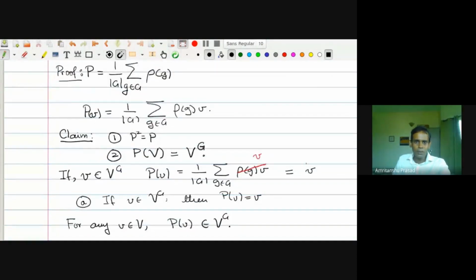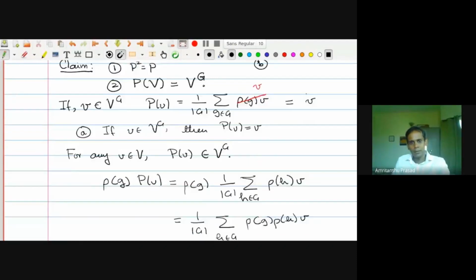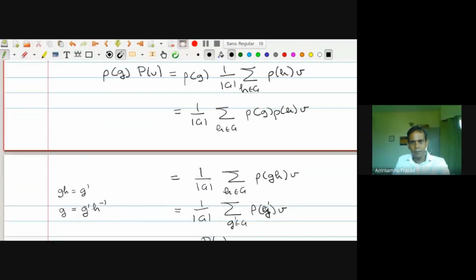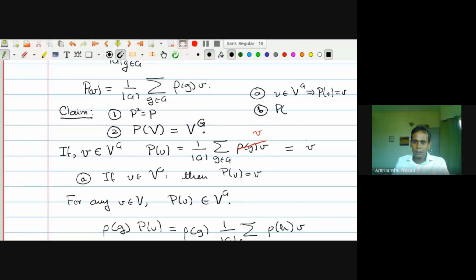So let's come back to what we want to prove. We have proved two things. We have proved that V belongs to VG implies PV is equal to V, and we have proved that PV belongs to VG for all V. So PV belongs to VG for all V is just saying that the image of P is contained in the invariant vectors, right?